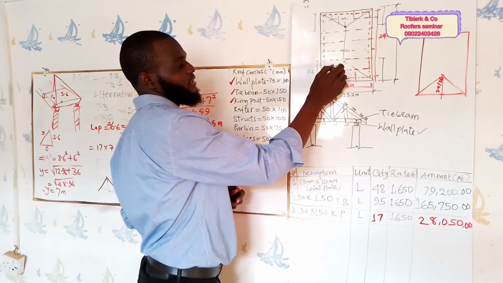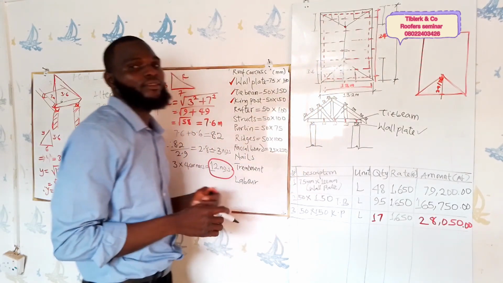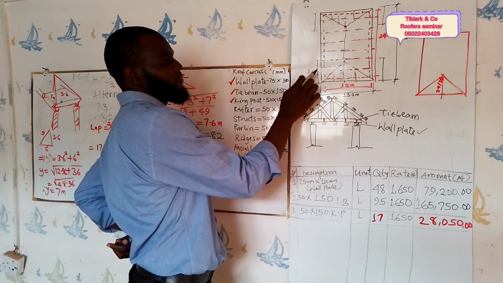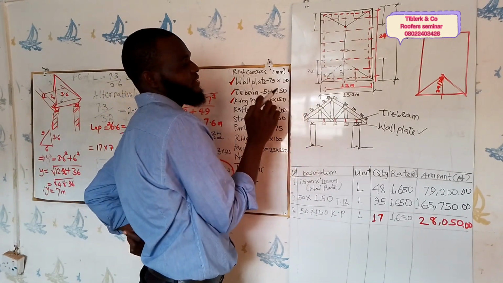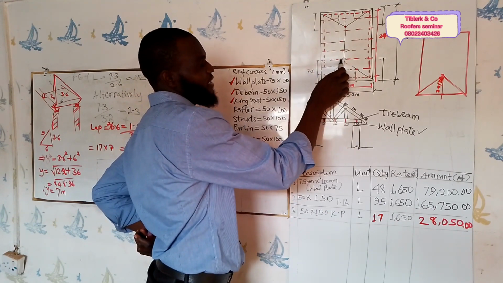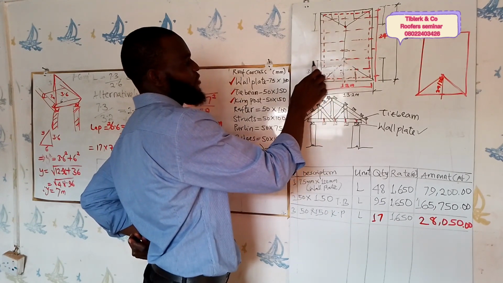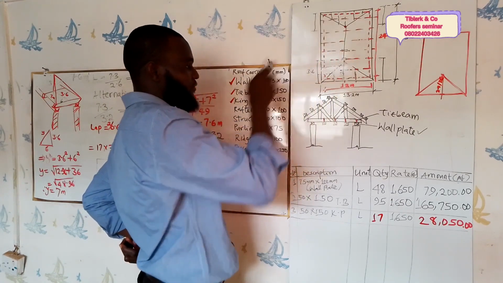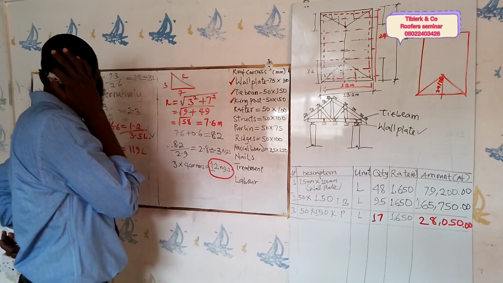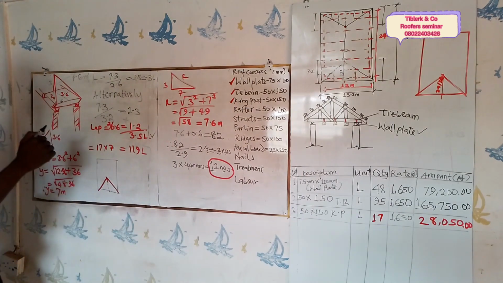So we need the rafter and another one here. We need the length of this place and the length of this place. So what's our length here? 6 meters. No, I mean the rafter. So 7 point something or so. Okay, yes, 7.3.